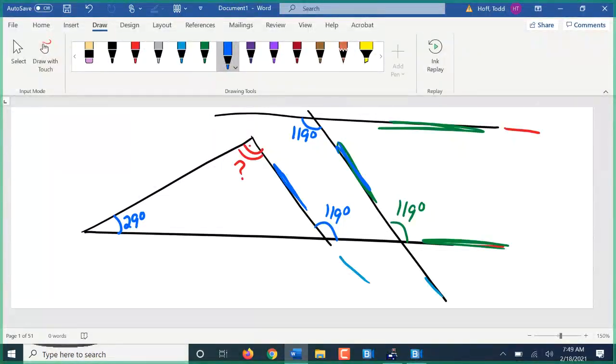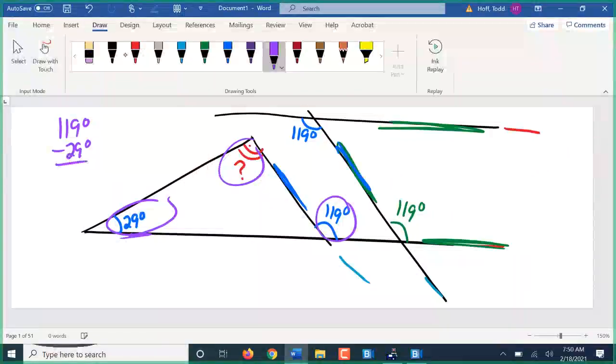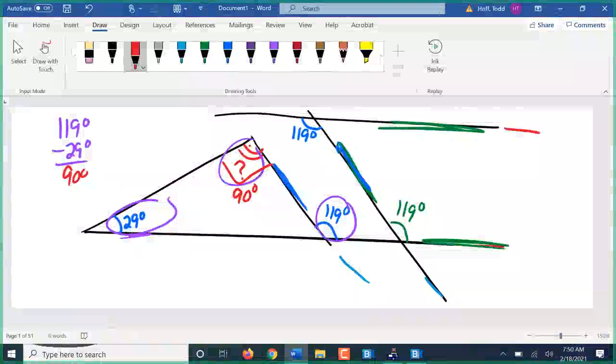So now we have that exterior angle. We know that these two other non-adjacent interior angles have to add up to that. So we can just take the 119 and subtract this other interior angle of 29 degrees. That tells us this angle here is actually 90 degrees. It's a right angle.